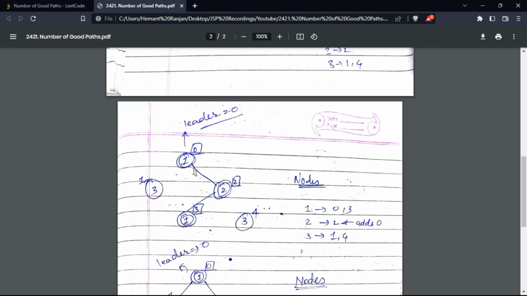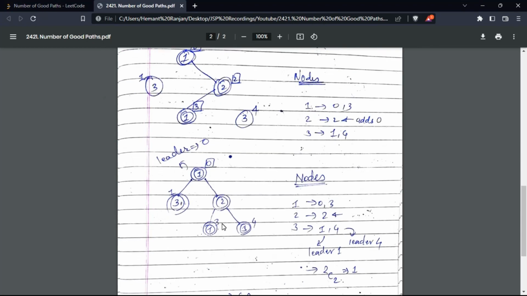The path with values 1, 2 and 1 will not satisfy the second condition, that the path in between can't contain any node with a value greater than the starting and ending values. If we join 3 here, the nodes with value 3 have leaders 1 and 4, and if we combine them, all of them become part of one component, and finally their leader would be 0.